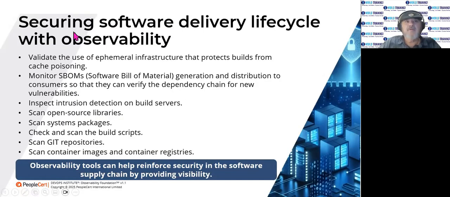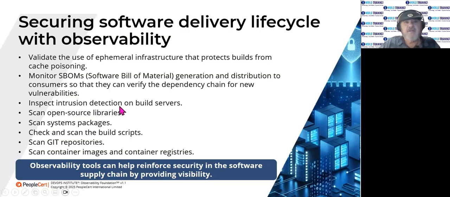Talking about the security software delivery cycle with observability, if you want to validate the use of ephemeral infrastructures that protect builds from cache poisoning, monitor SBOMs, software bill of materials generation and distribution to consumers so that they can verify the dependency chain for new vulnerabilities.